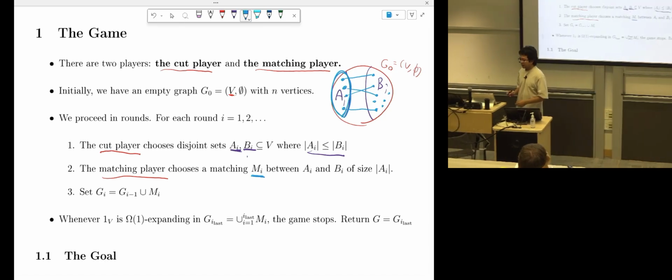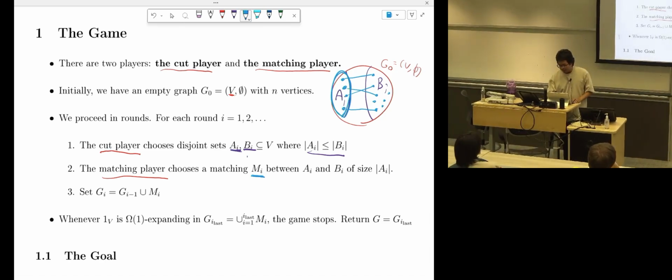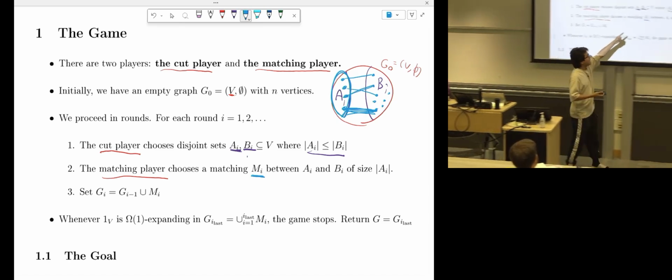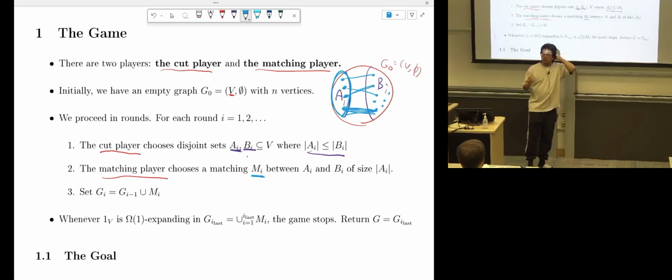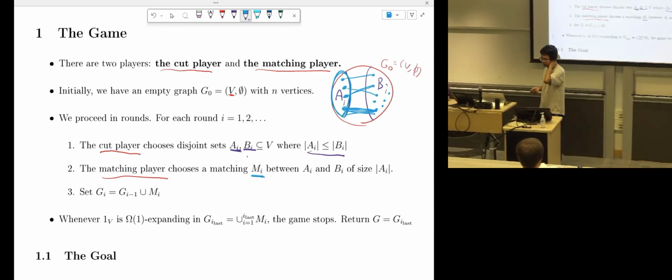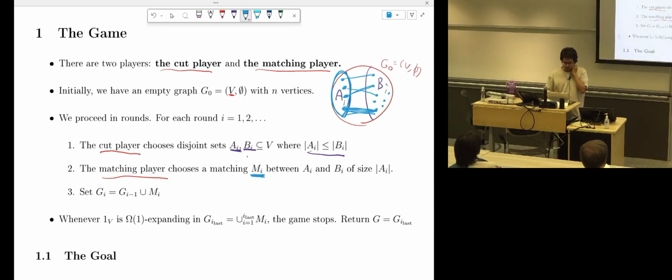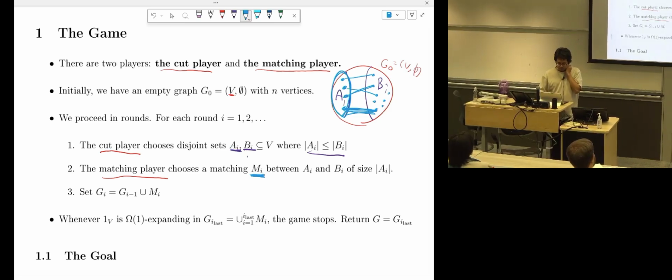Okay. So again, a reminder: a matching is just a disjoint set of edges, right? These matching edges don't share endpoints. Okay. That's the matching. So once the matching player chooses M_i, then we're just gonna include M_i into your graph.